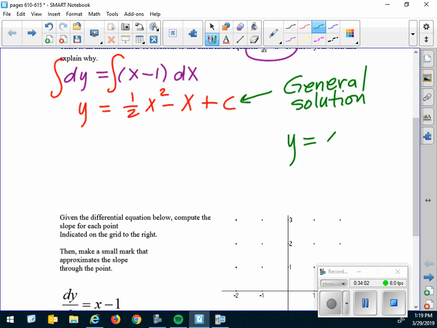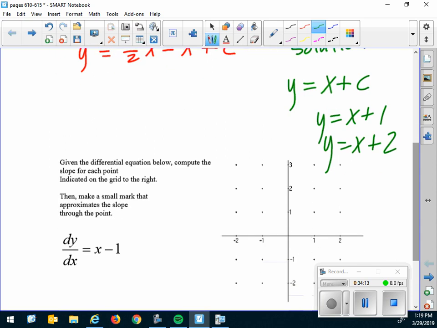When we did this one, what is the difference between the graph of this and the graph of that? Is one more than the other one? So if you graph both of these, they're 1 unit apart, right? Anywhere you measured, they would always be 1 unit apart. They're parallel.